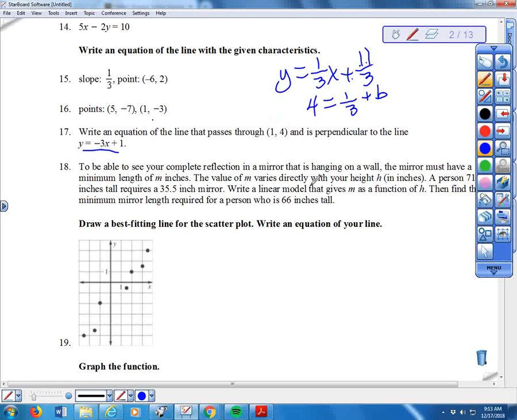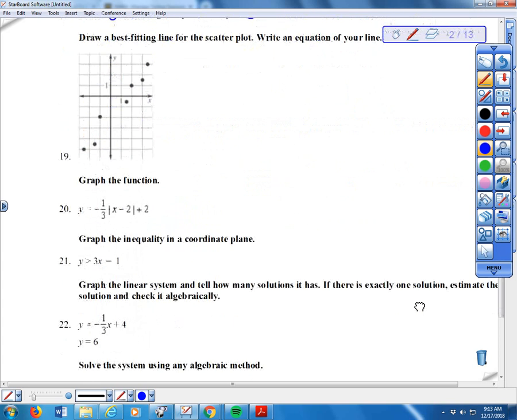Okay, 18, I'm throwing out. That one we haven't learned yet. 19, draw a best fitting line for the scatter plot. Write an equation of your line. Well, to do a best fitting line, the first thing you do is draw an oval around all of your points. And then I just connect the ends of my oval with as straight of a line as I can.